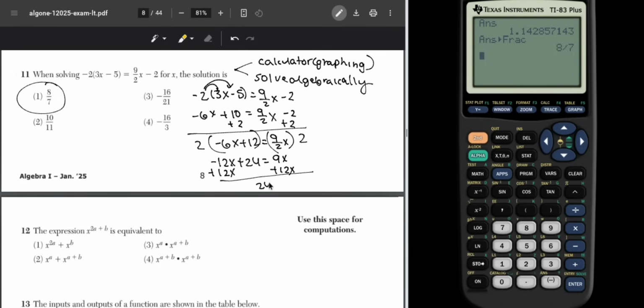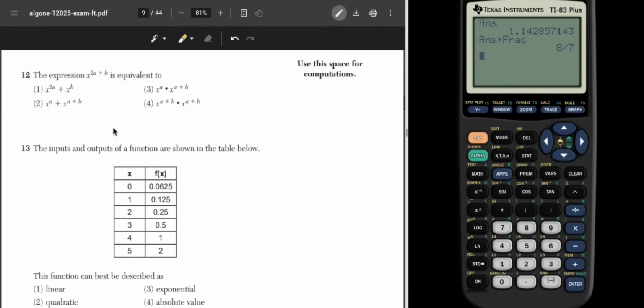And I'm going to get 24 is equal to 21x. Now, I'm going to simplify. I'm going to divide by 21. So x is equal to 24 over 21. And if I put that in my calculator, I'm going to get x equals 8 over 7. Again, answer choice number 1.